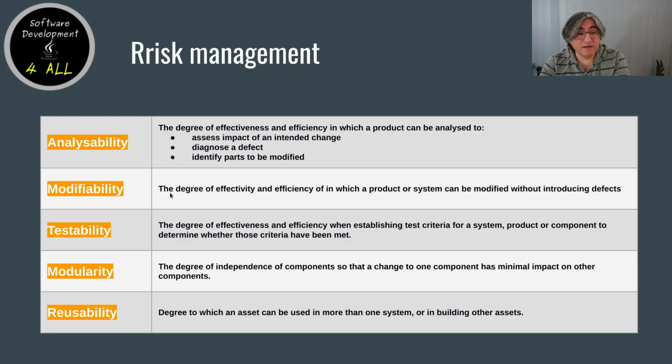Modifiability is the degree of effectiveness and efficiency with which a product or system can be modified without introducing defects. Testability, I just said it in many more words than the short and concise way they are saying it here. So the degree of effectiveness and efficiency when establishing test criteria for a system, product, or component to determine whether those criteria have been met.